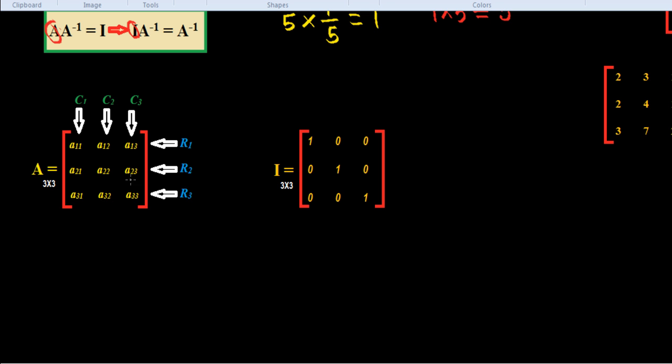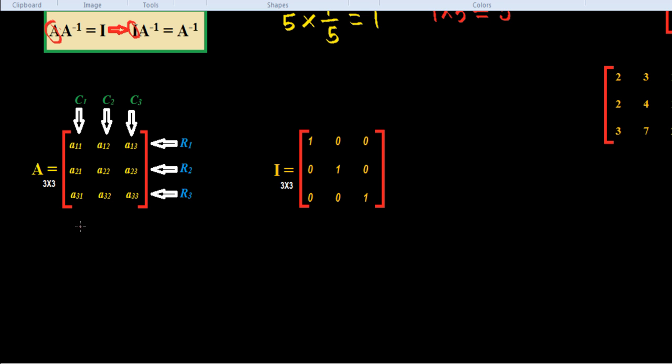These are the elements of the matrix, and these are the columns: C1, C2, C3, and these are the rows: R1, R2 and R3. Here you see the identity matrix of order 3: 1 0 0, 0 1 0, 0 0 1. So we have to convert the first element A11 into 1.